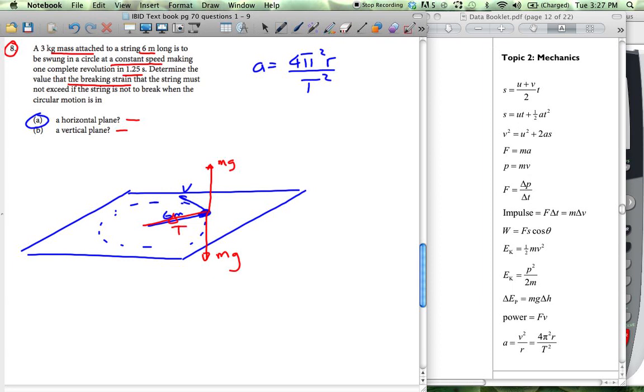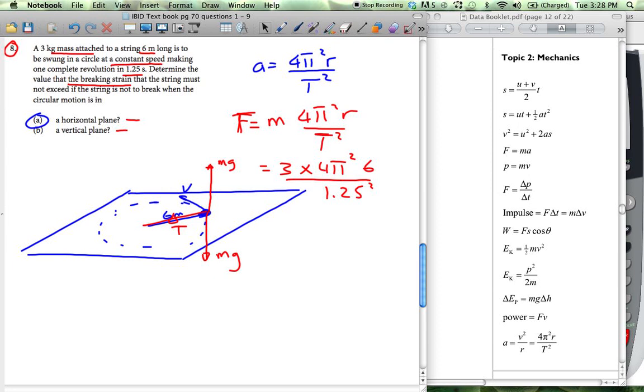And that tension will equal m times acceleration, which is 4 pi squared R over T squared. Perhaps I should call this a force. I should use the word force and not tension so that we don't get mixed up between this T and the T for tension. So we just need to put that in. We're going to get 3 times 4 pi squared times 6 divided by 1.25 squared.